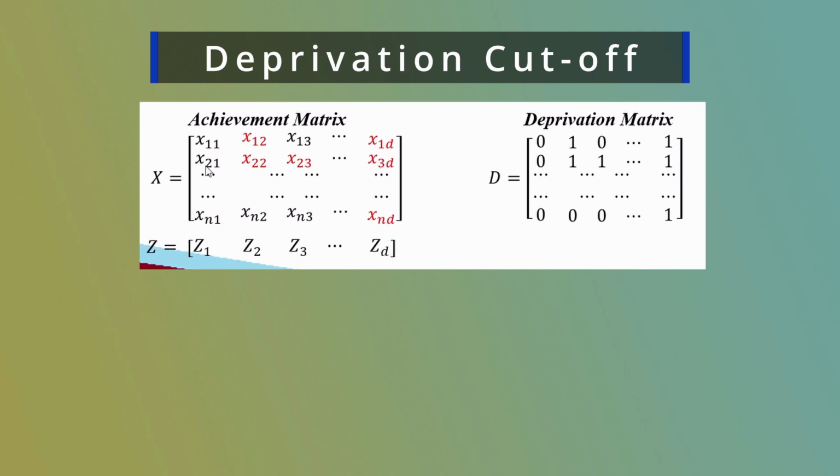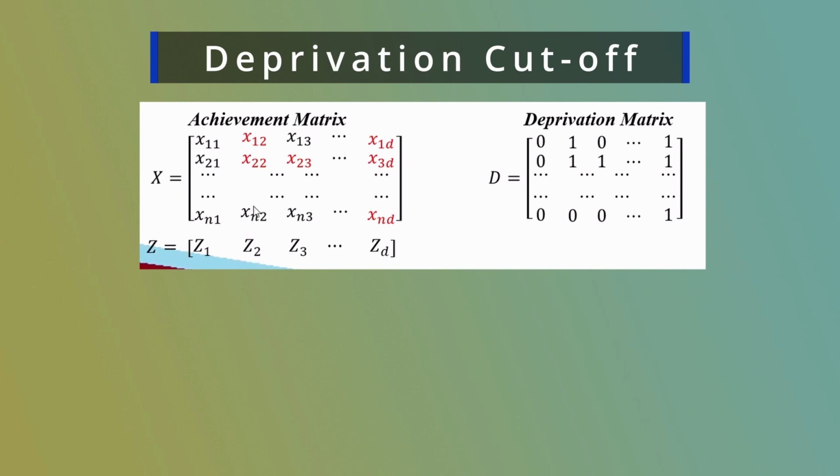Here Z is the deprivation matrix. That means Z1 is the threshold value. If the achievement in a particular indicator is lower than Z1, then the household is deprived. Otherwise, it is not deprived. Therefore, here x12 and x22, these two values of the first and second household, are lower than the threshold value of the second indicator Z2.